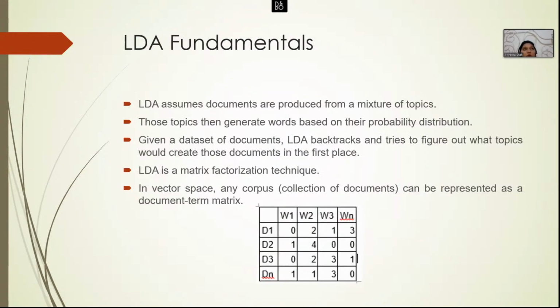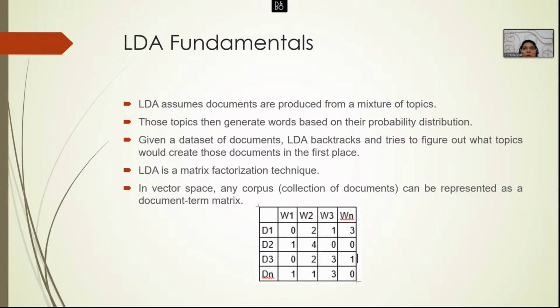And when you talk of the LDA algorithm itself, what it does is, now you're extrapolating the analogy to our actual documents, our text corpus. So at the outset itself, we said that LDA assumes that documents are nothing but a mixture of topics. Okay, then the topics are based on some kind of words.